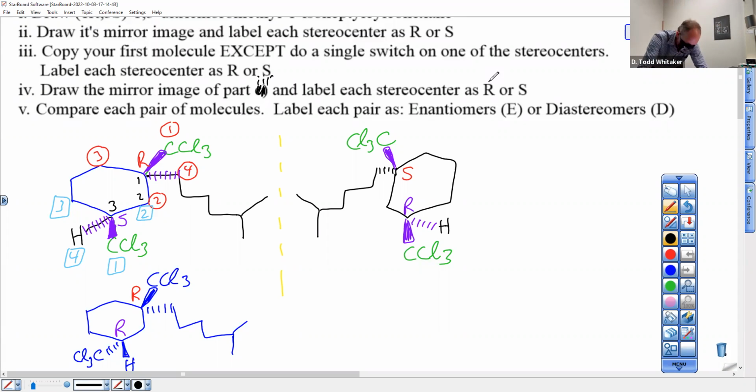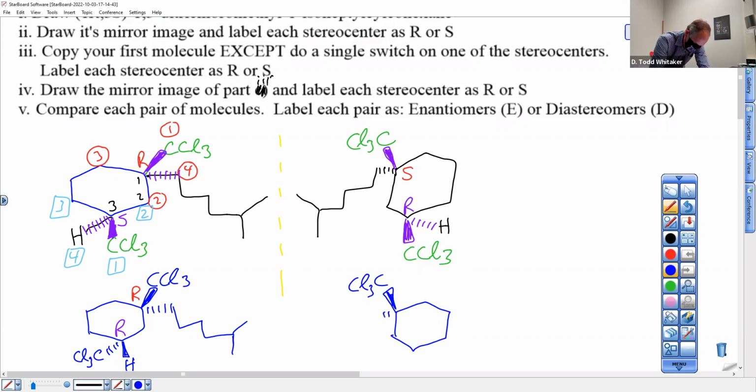Okay, well, we're getting practice with drawing mirror images. Let's see, same distance from the mirror. I'll start with the cyclohexane this time. My computer decided to start ignoring me. All right, wedge towards the mirror and the up CCl3.